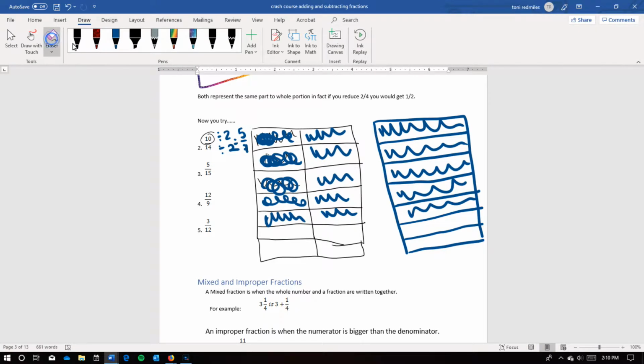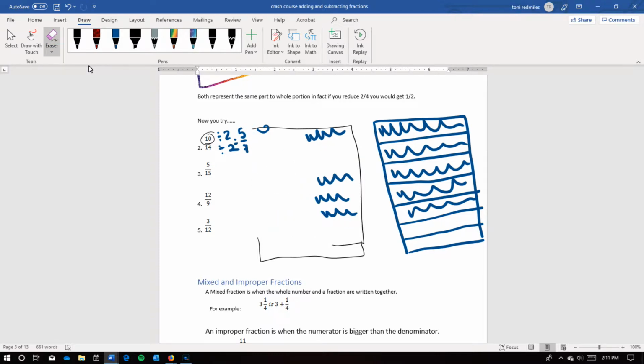And if I were to take that shared thing out, I'd have 1, 2, 3, 4, 5, 6, 7 blocks, and 1, 2, 3, 4, 5 would have been colored in. Alright, so let's try another one. I want to keep that reduced fraction.